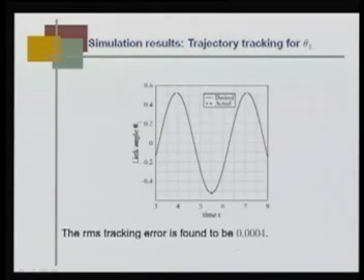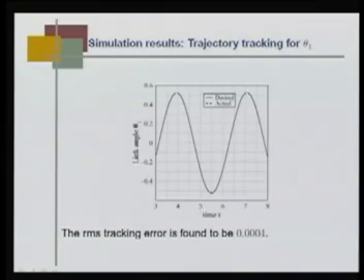Okay. So, if we do that, the simulation results would show the trajectory tracking for theta 1. You see that desired and actual show absolutely no difference; the tracking is so perfect. We have achieved this tracking, and the RMS tracking error is found to be 0.0004, assuming Fx to be unknown.